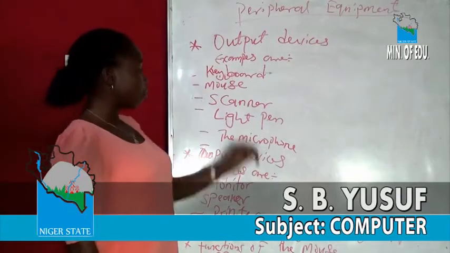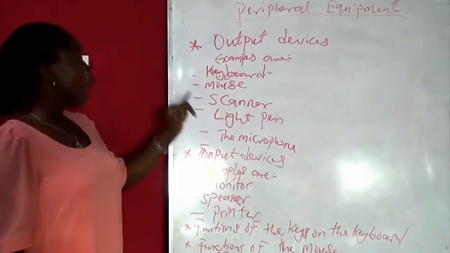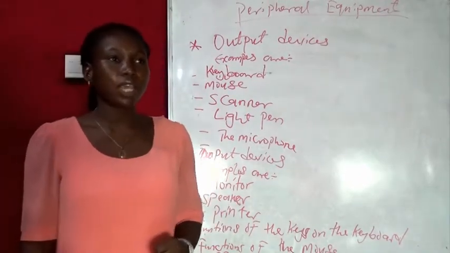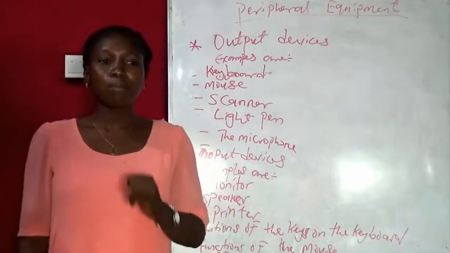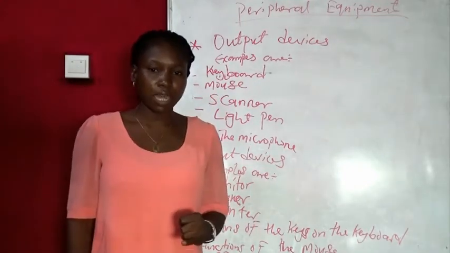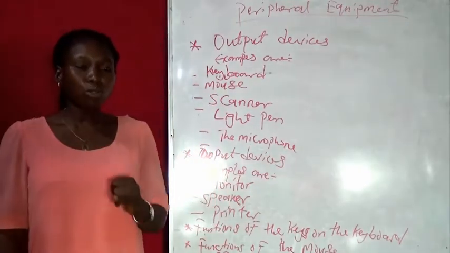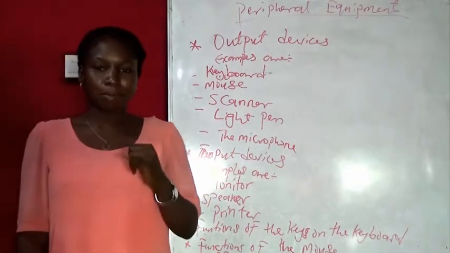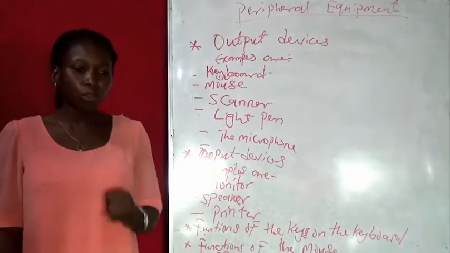Now we have the examples of the input devices. The first one we talked about is the keyboard, and we said the keyboard is the most important part of the computer. A computer cannot do without a keyboard. Our keyboard looks like a normal typewriter. It has 4 sections on it.